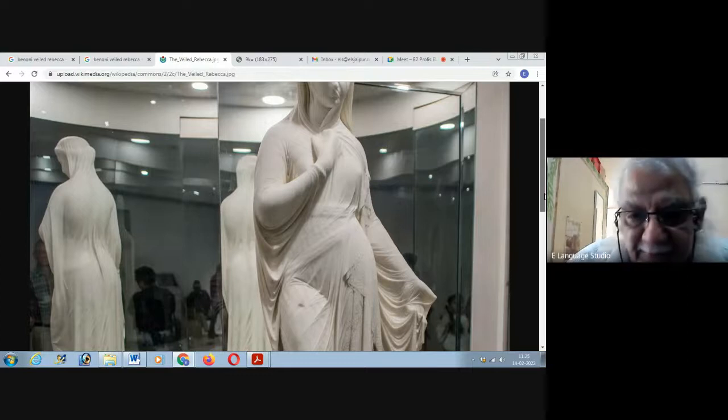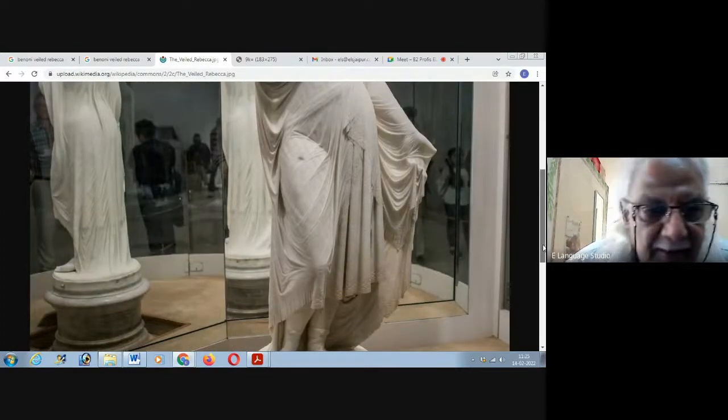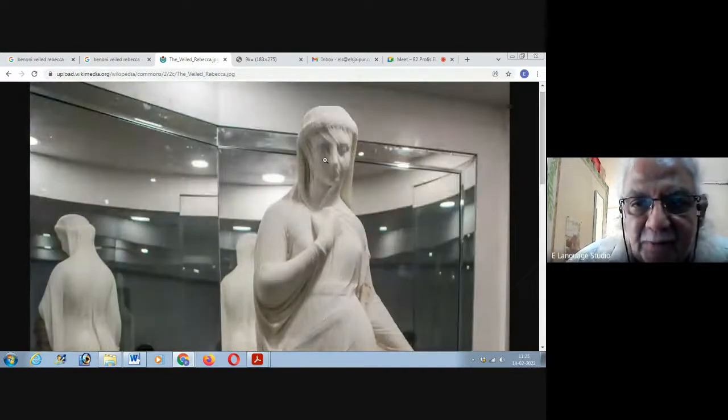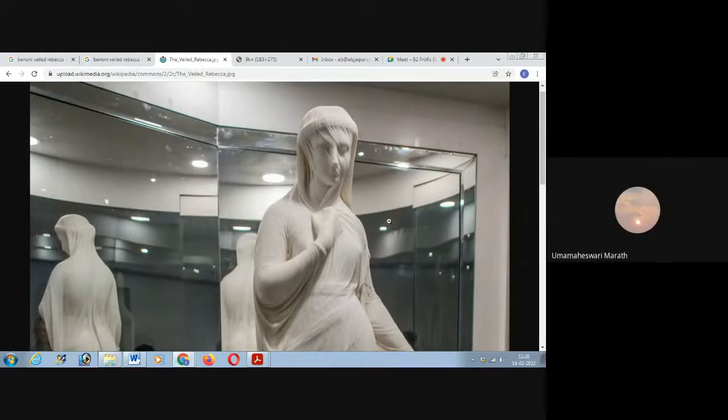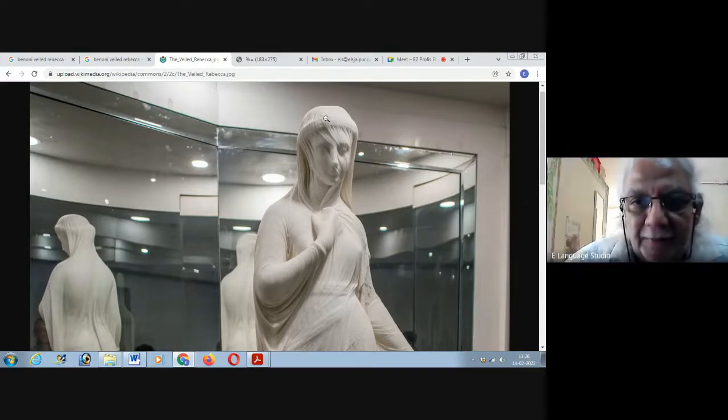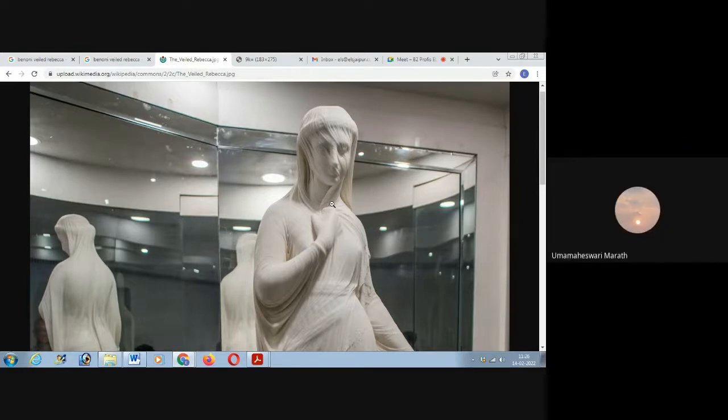But what is interesting is, can you see her eyelashes through the veil? Yes, sir, I saw it in person also. Okay, so all this carving is marble. There's no cloth here.